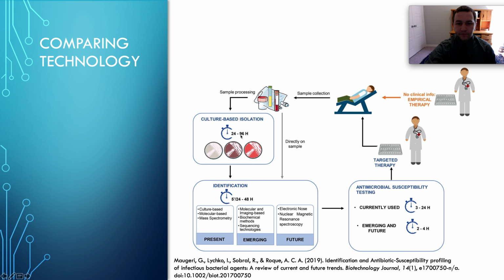But some of this emerging technology, the molecular and image-based biochemical methods and sequencing technologies, can bring results back in 5 minutes. On day 0, we can identify the correct bug to give them the right drug to treat it, which would be a huge groundbreaking therapy for many reasons, which we'll get into here.